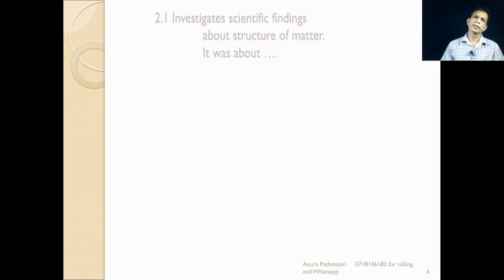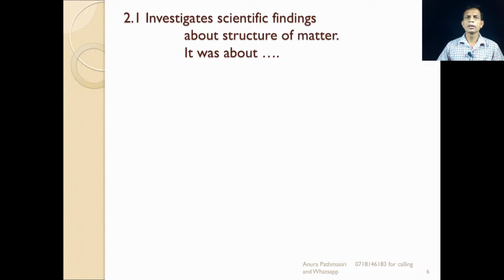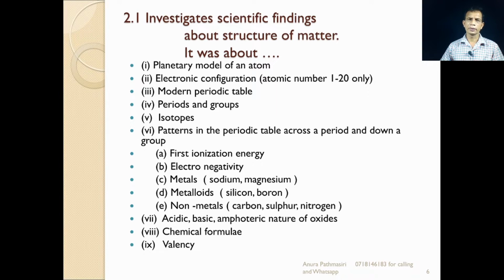What did we learn from Unit 3? These areas were covered. I'm not going to read all. The planetary model of an atom started from there, and we discussed valency. That was the last one, starting from the top, and we have already covered all these areas.